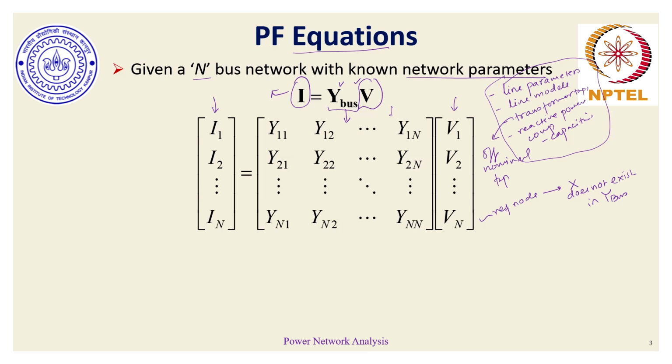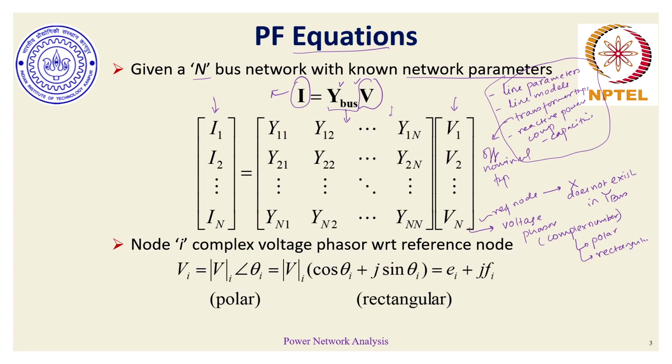When we talk about these voltages, as I have already mentioned, these are voltage phasors. A phasor is actually a complex quantity or a complex number, which can have two forms of representation. One is a polar representation and the other is known as rectangular representation.